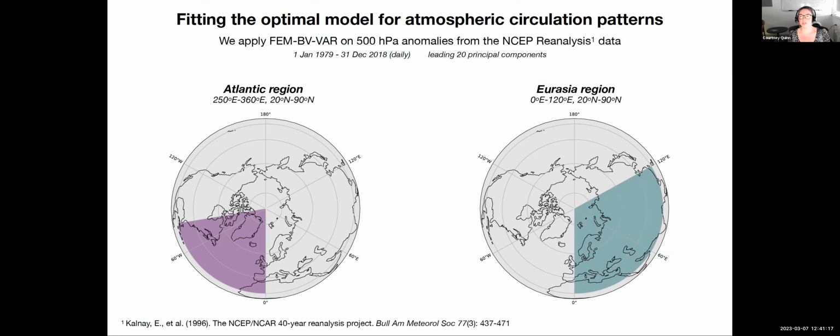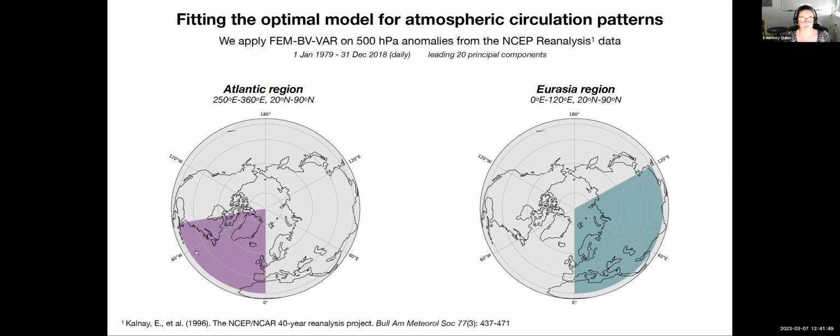We applied the method on some reanalysis data for, I think, some 30 to 40 years. We had to take the leading 20 principal components, because you can't do clustering on such a big array of data. You already have to do a bit of reduction.